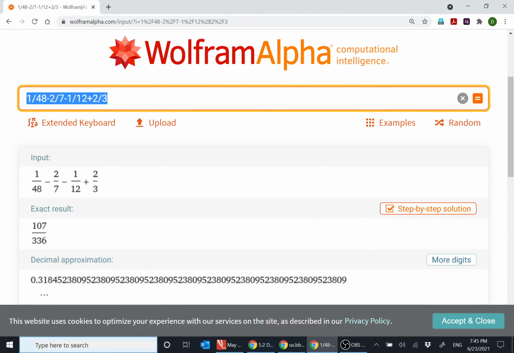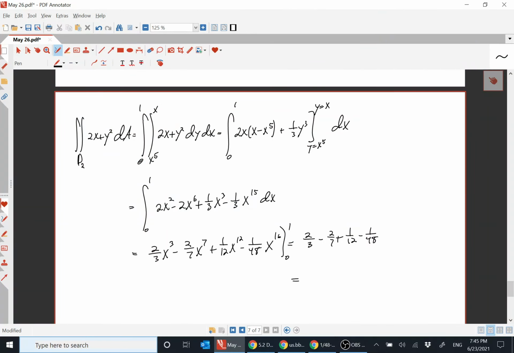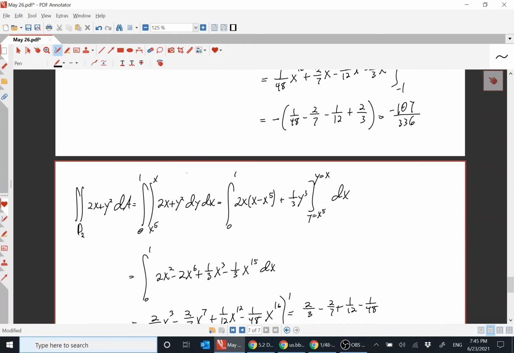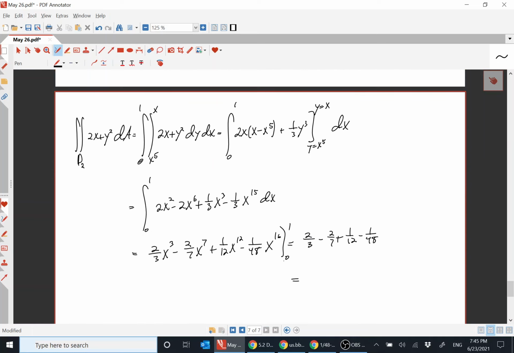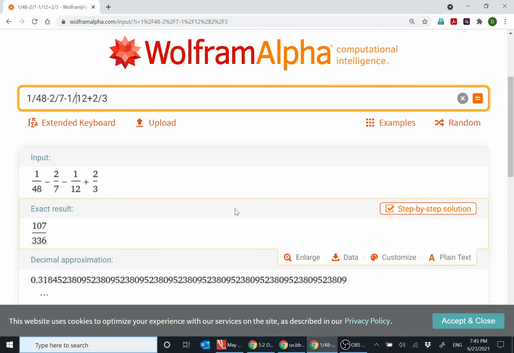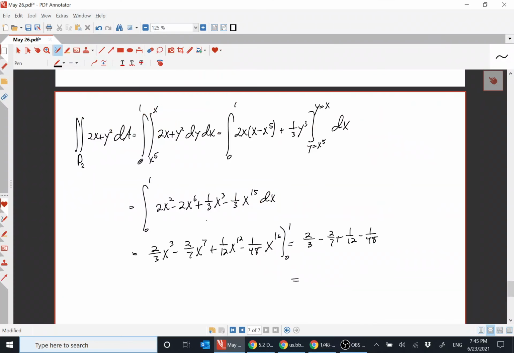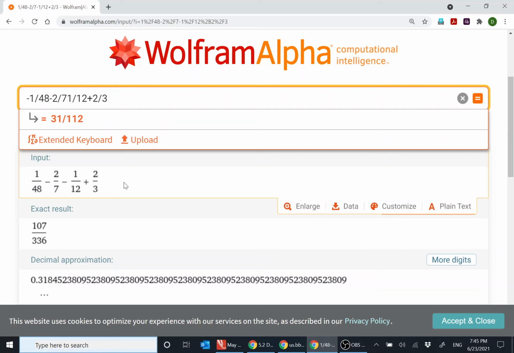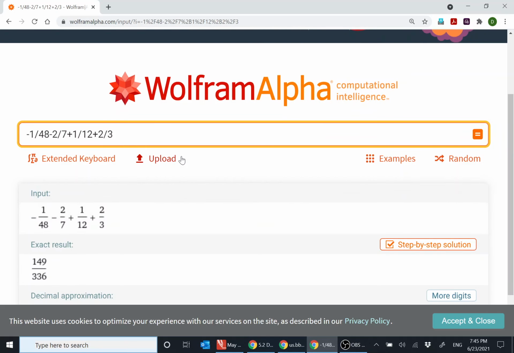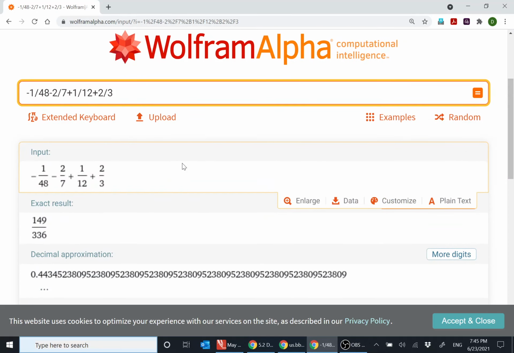All right, that was a negative sign out there, because at 0, this is 0. So it's plus 2/3 minus 2/7 plus 1/12 minus 1 over 48. Plus 112 minus 148, 149 over 336.